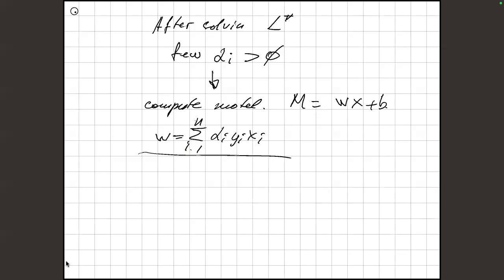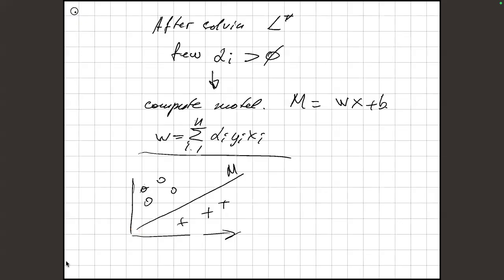So that's how we compute the vector of weights. So this is our model.